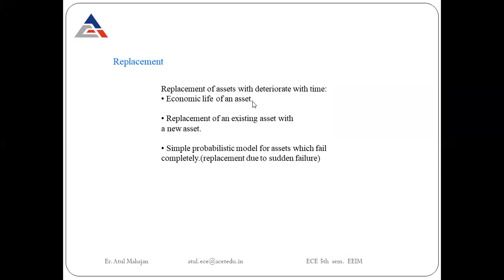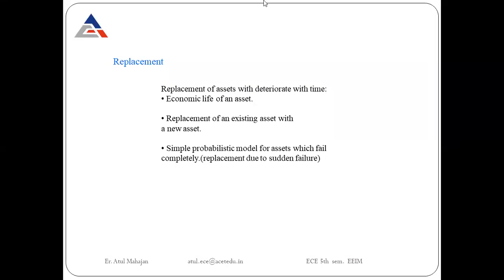We come across so many problems after a certain span of time, because machinery parts have a certain lifespan, and after that lifespan their efficiency will go on decreasing. We need to bring in a new asset, and that is a major reason for any replacement.